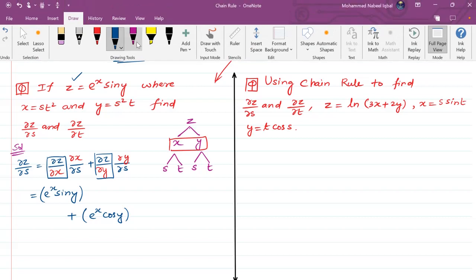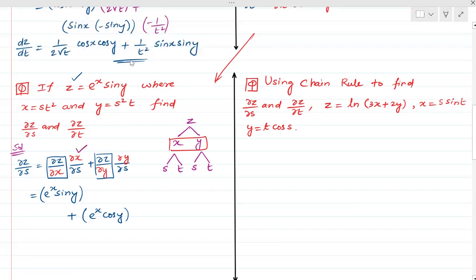Now the next part: differentiate x with respect to s, it is t square. Similarly, y with respect to s, it is 2st.